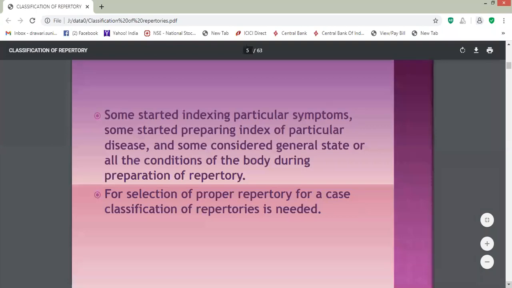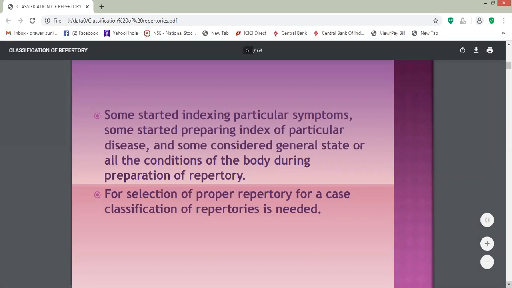Some homeopaths started indexing some particular symptoms, some prepared the index of particular diseases, which is again classified into clinical repertories. Then some consider the general state or all the conditions of the body during preparation of the repertory. So these repertories are called general repertories.